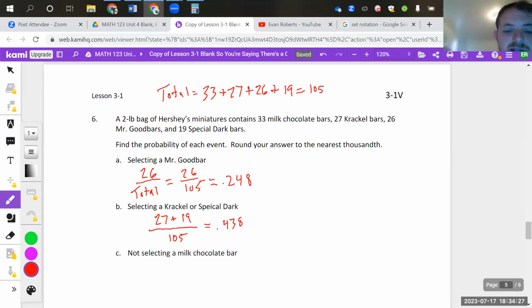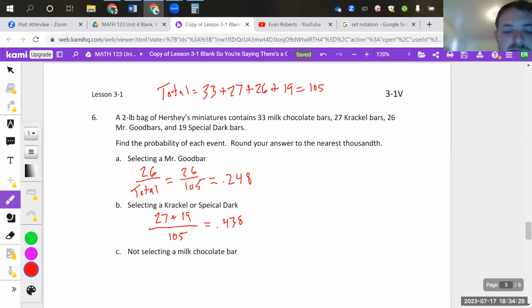And lastly, here's the probability of not selecting a milk chocolate bar. Again, in this scenario, it'd probably just be quicker to do 27, 26, and 19 together. So you could just do 27 plus 26 plus 19, because that's everything that's not milk chocolate, all divided by 105.